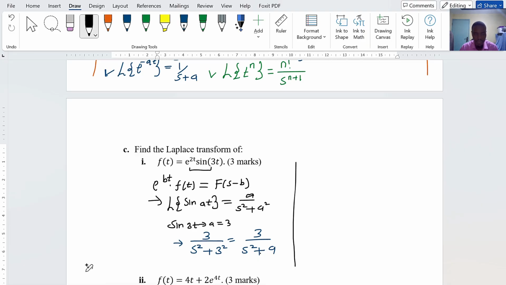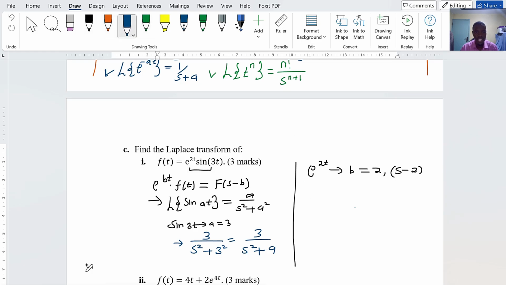Now we have it here, but we are shifting by b, because we have e^2t. So from here, our b is equal to 2. That means we are shifting s minus b, so it will be s minus 2. From the first shifting theorem, we are shifting by s minus b, and our b is 2. So we shift s here.